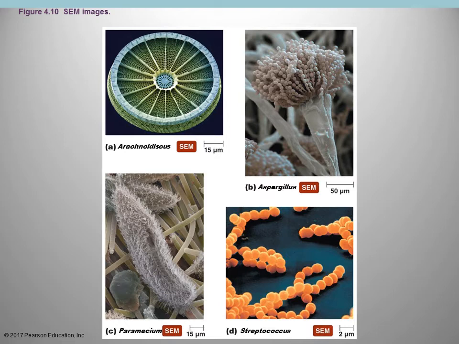The preparation process that you have to do to prepare the sample to be seen with either transmission or scanning electron microscopes does kill the sample. So if you're wanting to look at a living cell, you cannot use an electron microscope.